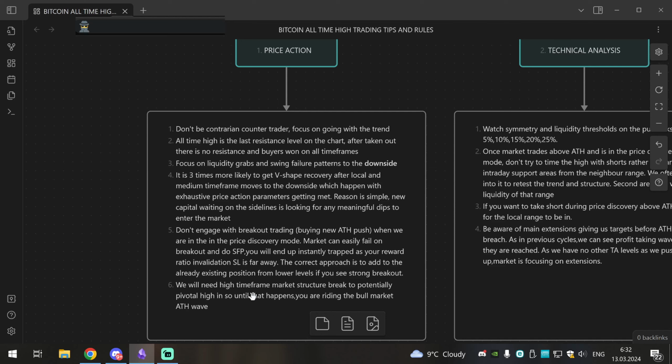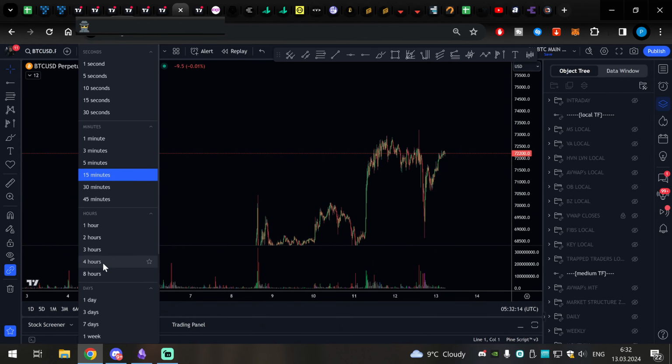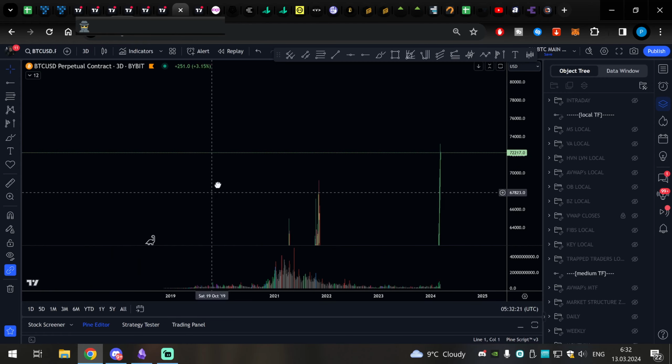Another rule: we will need a high time frame market structure break to potentially time a pivotal high. So until that happens, you are riding the bull market all-time high wave. So we can go back into history to see how Bitcoin actually topped out, not bottomed out. So one day we can go to the 3-day time frame, for example.